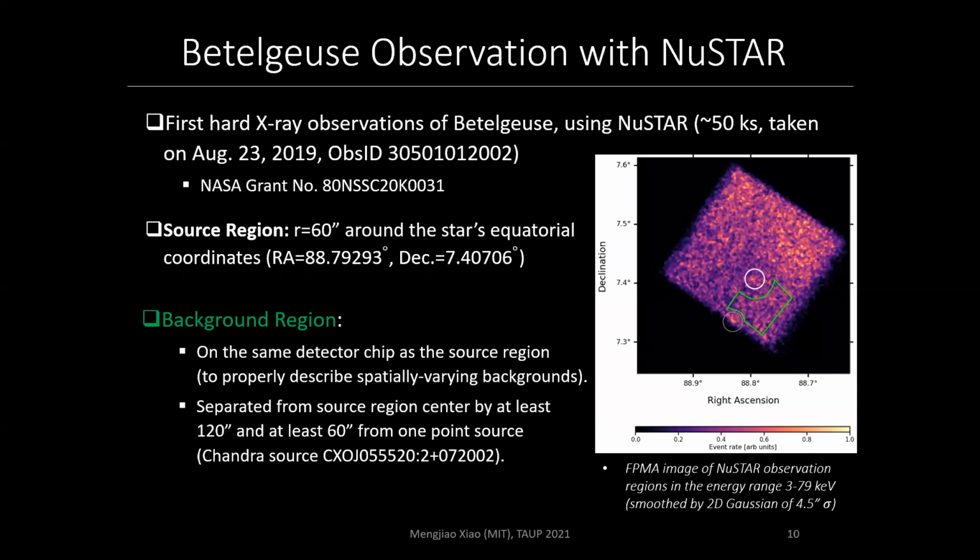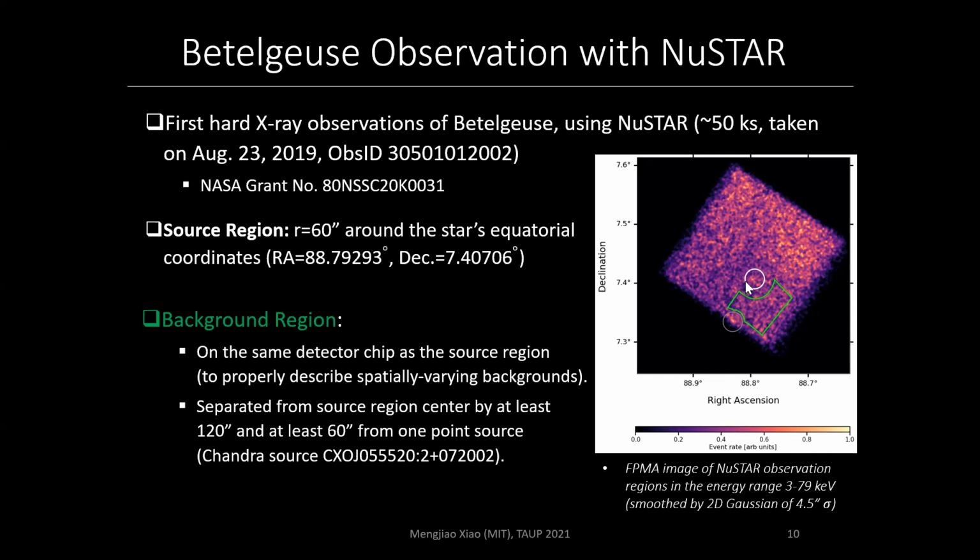With the NuSTAR telescope, we had the first hard X-ray observation of Betelgeuse in August 2019. The total duration was around 50,000 seconds. This picture is the observation image from FPMA in the full energy range of 3 to 79 keV.